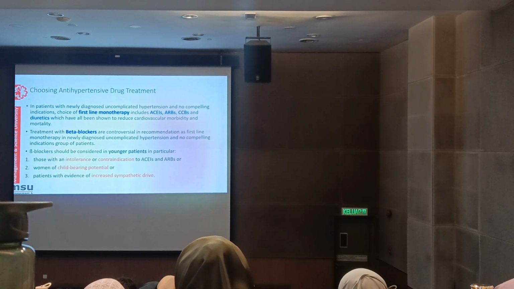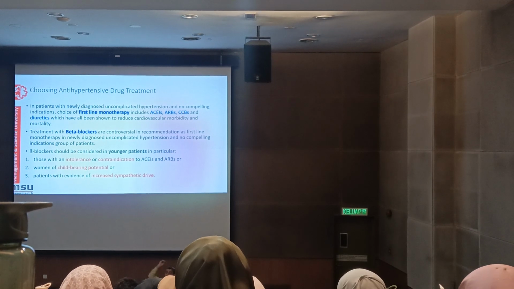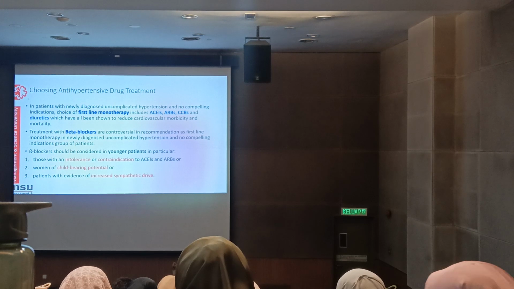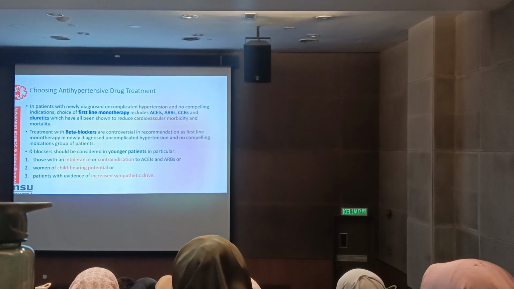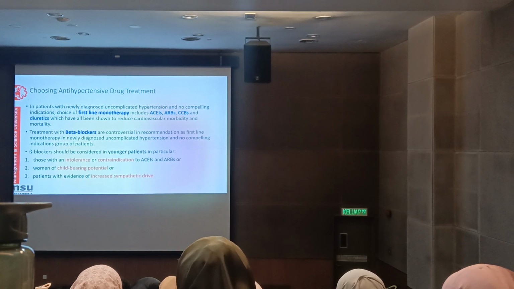So you have to think about it. If the patient is new without any complication or any disease or risk, only newly diagnosed with hypertension, which classes? We have four classes under first line antihypertensive drugs.